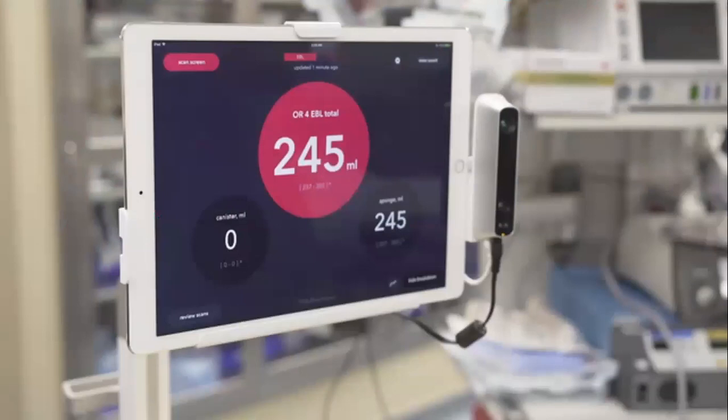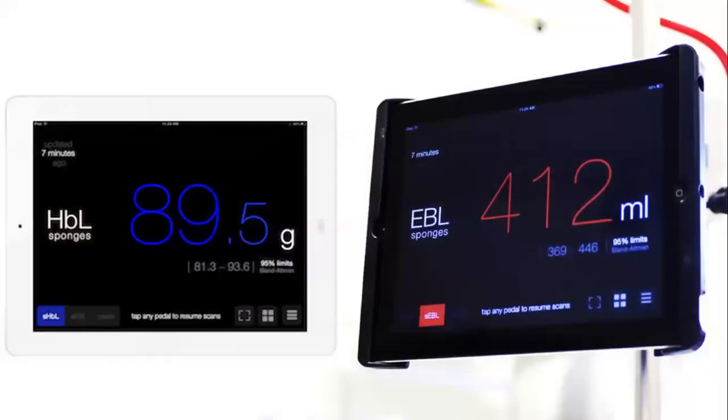This one is really great, really good. It's like a breakthrough in the technology, but it's very costly, and not everyone is going to use it, and it's not going to be available in each facility. As you can see, it can even estimate the hemoglobin, and it can estimate the blood loss also.